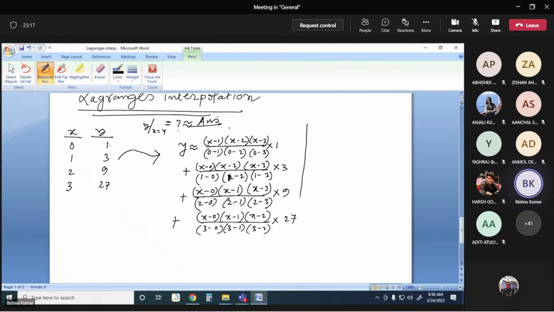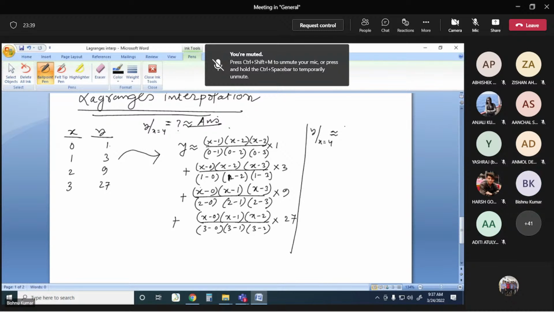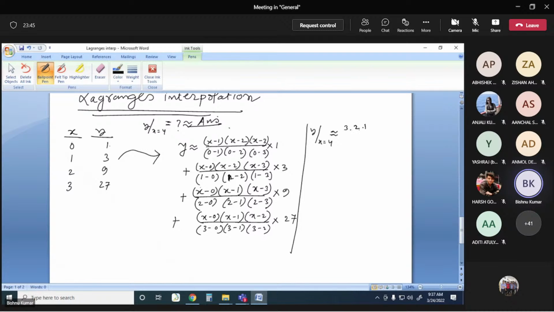So actually, if I write y at x equals 4, the approximate value will be, for the first term, 4 minus 1 means 3, 4 minus 2 means 2, 4 minus 3 means 1, divided by minus 1, minus 2, minus 3, into 1.